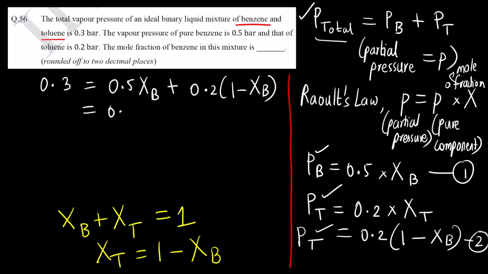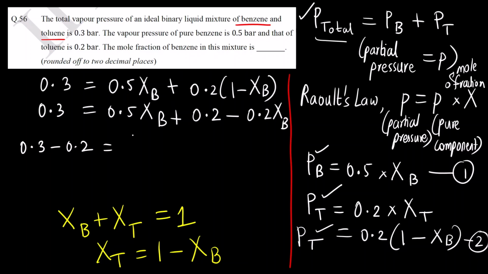Open the brackets: this will be 0.5 XB plus 0.2 minus 0.2 into the mole fraction of benzene. So this 0.2 will go to the left hand side and it becomes 0.3 minus 0.2, plus becomes minus, and 0.5 XB minus 0.2 XB is 0.3 into the mole fraction of benzene. So 0.3 minus 0.2 is 0.1, which equals 0.3 into the mole fraction of benzene.